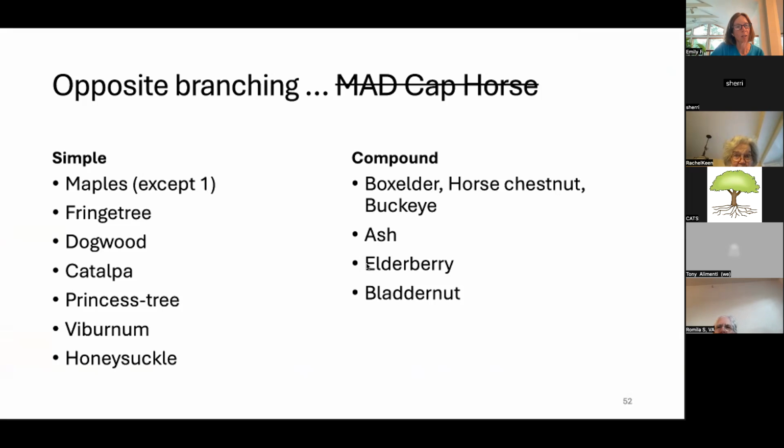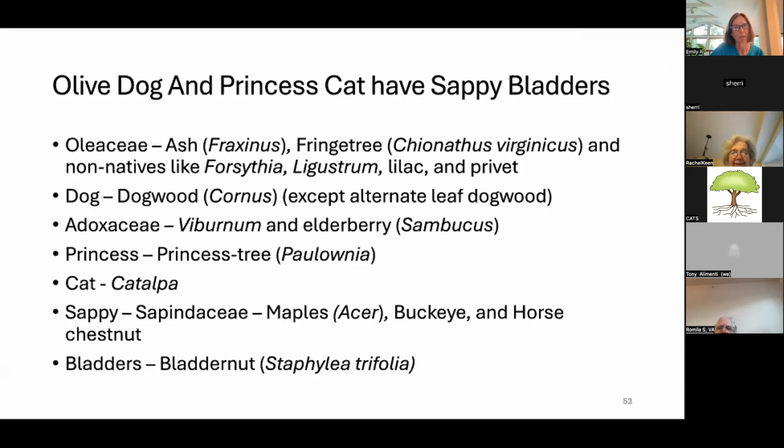The elderberry and the viburnum are in a different family than the honeysuckle. So things are just a mess. So I thought I would write everything down that's opposite branching and come up with a new acronym. So here it is: Olive Dog and Princess Cat have Sappy Bladders.